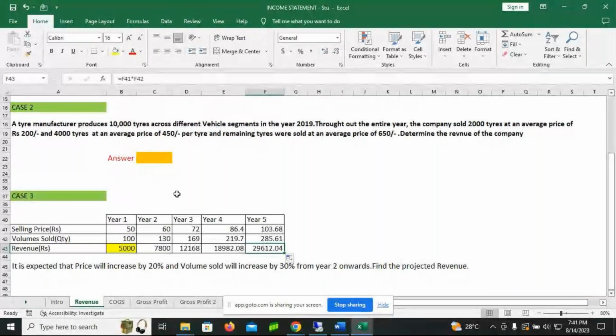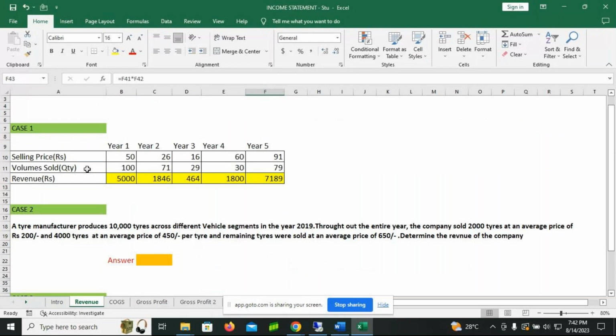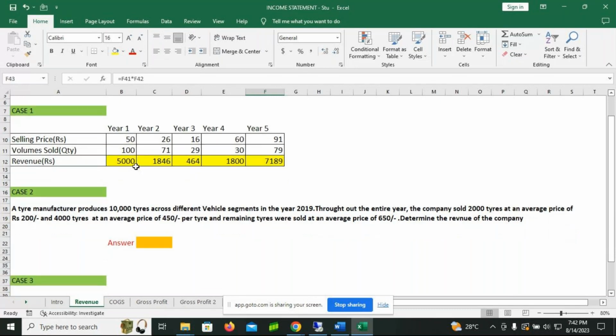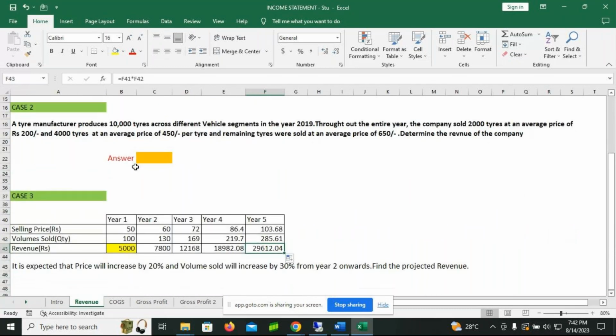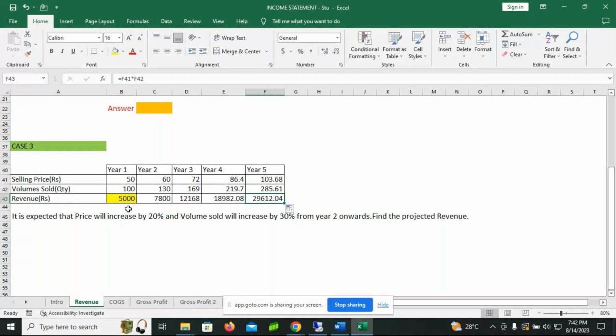Understood? Do you want me to explain the third one once again? The first case study is just a simple calculation where you multiply the selling price into quantity sold. In the third case study, they say there is an increase in the sale price and the volume by 20% and 30% from the second year onwards.